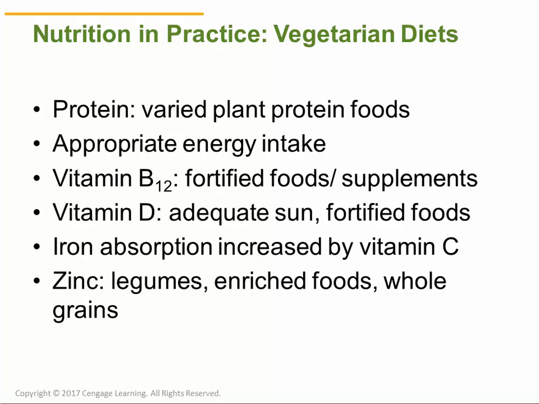Vegetarian diets. This is going into the nutrition and practice section at the very end of this chapter. With vegetarians, there can be different types of vegetarians. On page 135, take a look at some of those key terms.